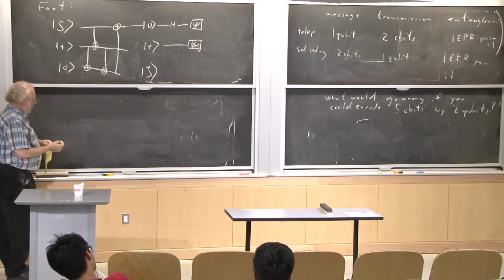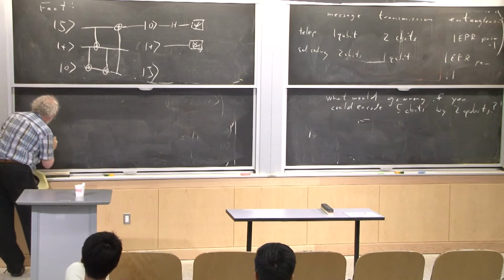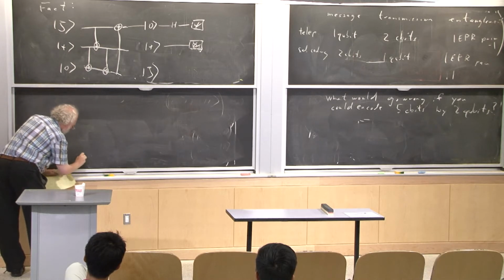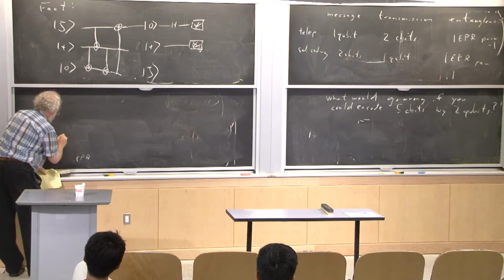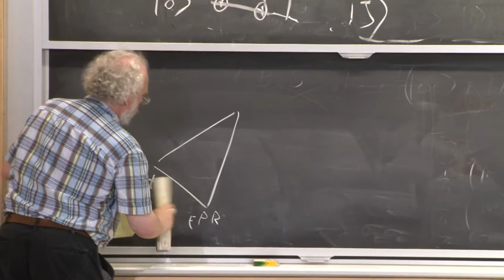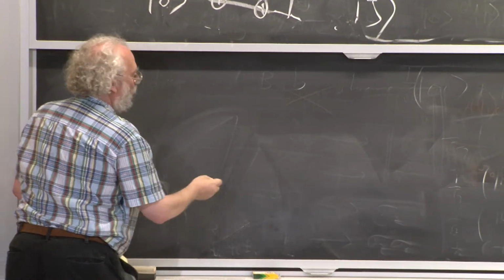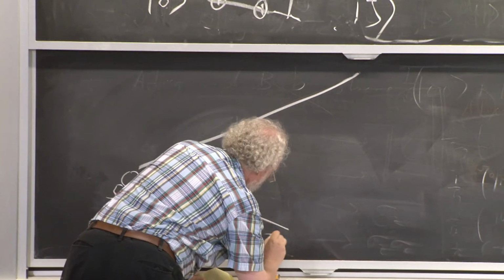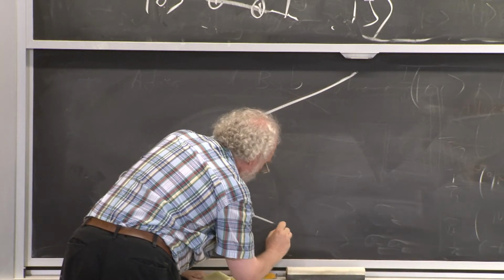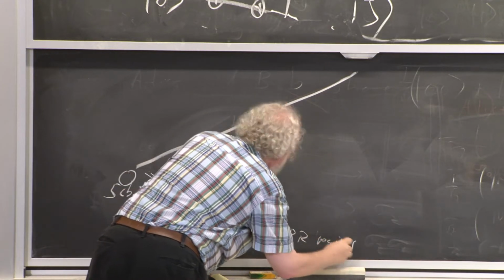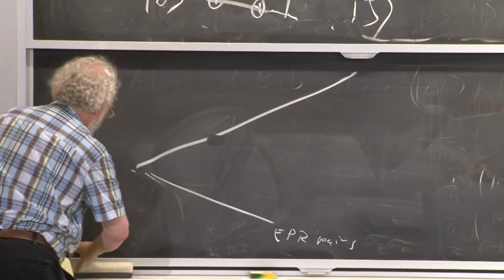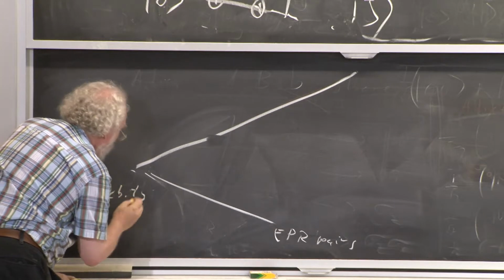Well, what would happen is Alice could first take her 5 classical bits, and then using some number of EPR pairs, she could code them into 2 qubits. Five C bits, so 2 qubits.